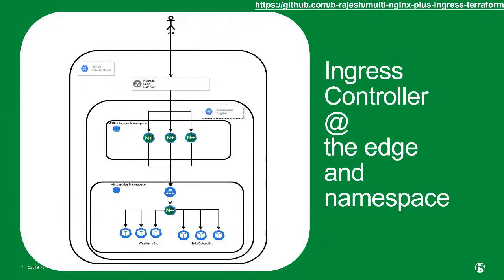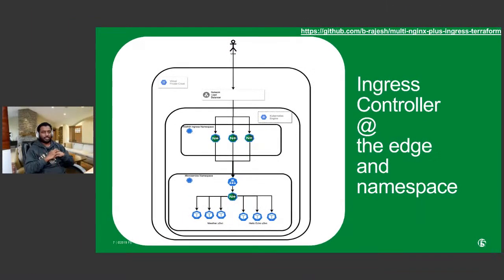You can take this example and fit it into a place where there are multiple LOBs or BUs that want to own their own namespace. Remember, I talked about that at the start of the meeting. You could replicate this one, so you don't have to worry about the edge Ingress controller. The edge Ingress controller only takes care of the high-level enterprise security, like IP level rate limiting, or even applying WAF policies.